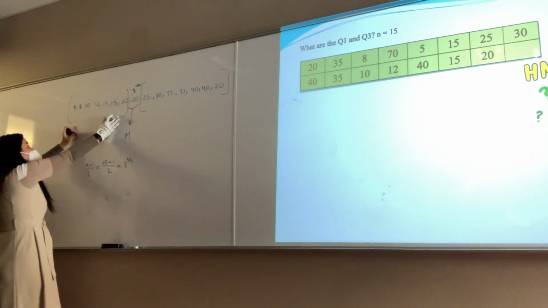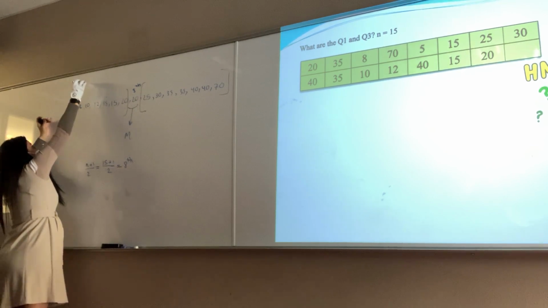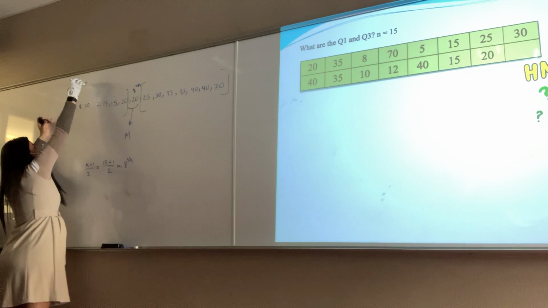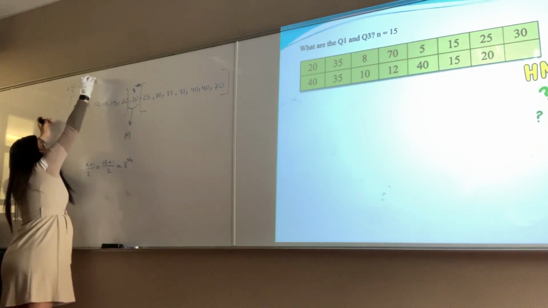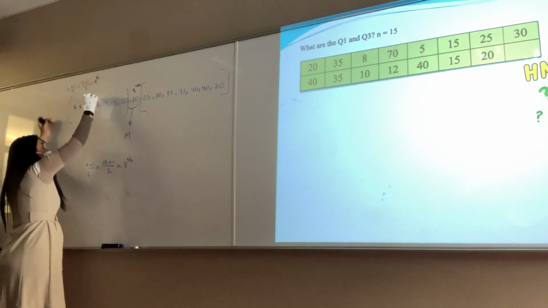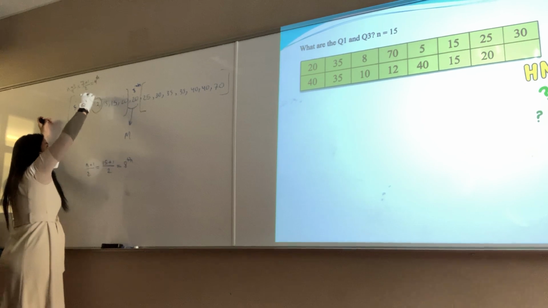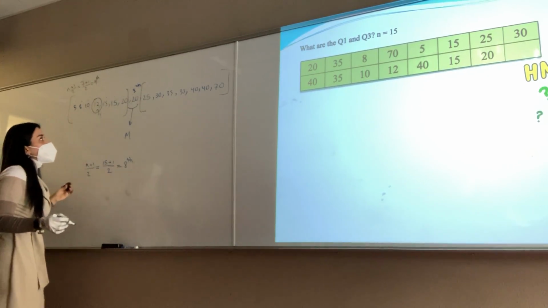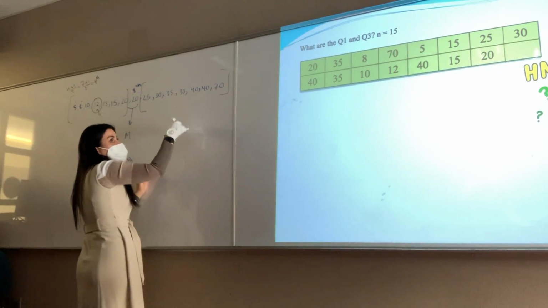So how many observations do we have here? 7. So I'm going to use the formula n plus 1 divided by 2, which is 7 plus 1 divided by 2 equals 4. The 4th observation. 1, 2, 3, 4. Correct? This one is Q1. Very good. Do I need to calculate n plus 1 divided by 2 again for the other side?